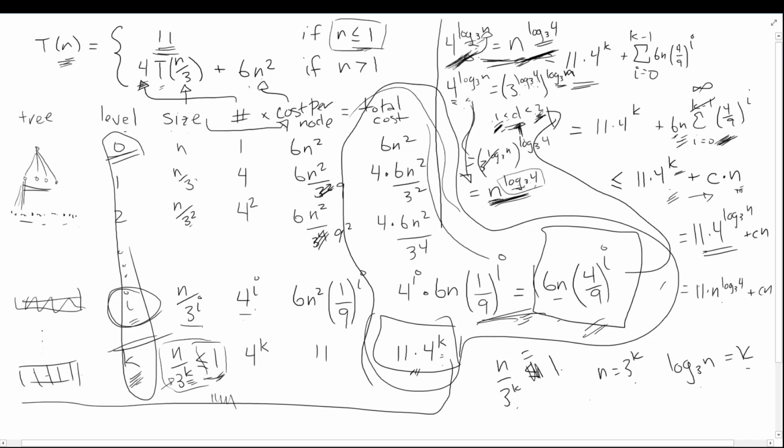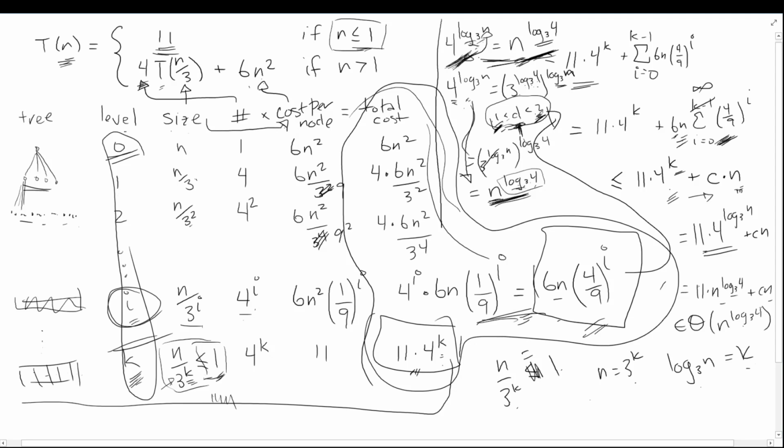And we really have one question left, which is which of these is bigger, meaning which of these is the dominant term. And the question then becomes which of these exponents is bigger. And that was answered by this question we asked up here, which is log base 3 of 4 is greater than 1.